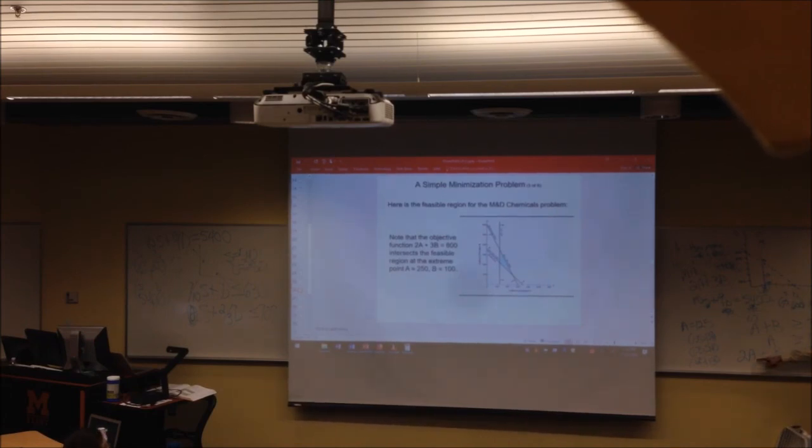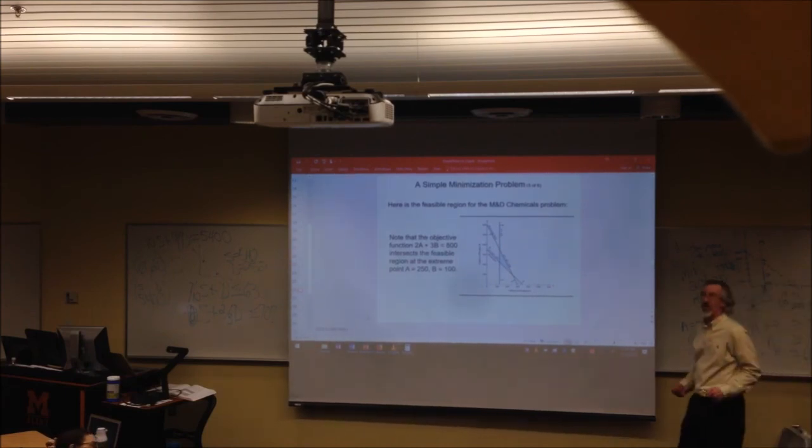If I were to plug the optimal solution into this one, would there be a difference? Exactly. This would be 600, that would be 600, so there would be no difference. It would be 0. But would it be slack or surplus? Slack, because less than or equal is slack, greater than or equal is surplus.